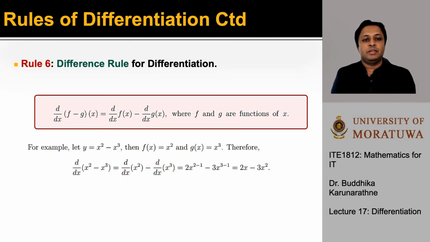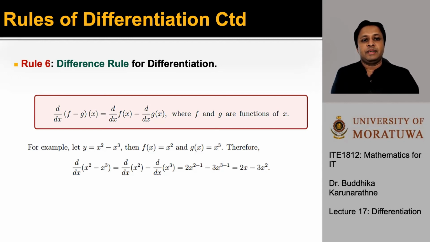Now we move on to the next rule of differentiation, which is the difference rule. It is quite similar to the summation rule. When you have the difference of two functions f and g, you can simply take the separate derivatives and take the difference of those derivatives, where f and g are functions of x. For example, we take y to be x squared minus x cubed.